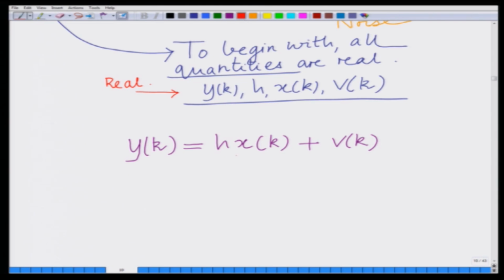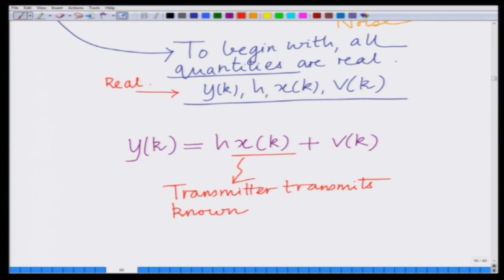Now, what we do is we transmit known symbols xk, that is, previously agreed upon or a standard set of symbols, and these have a name. These are termed pilot symbols or training symbols.